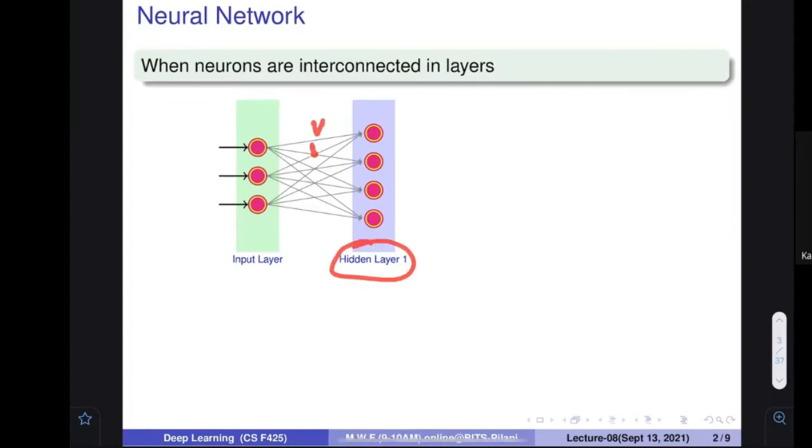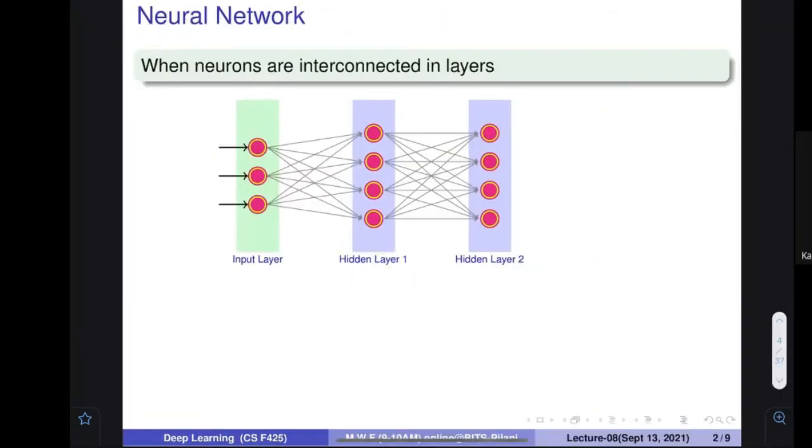Every connection would have its individual weight. Then we can put some more perceptrons and call it hidden layer number 2. How many perceptrons do we have here? 4 again. It is not fixed that you have to have 4 in this layer also; it depends upon your requirement, and we are going to see how these things change.